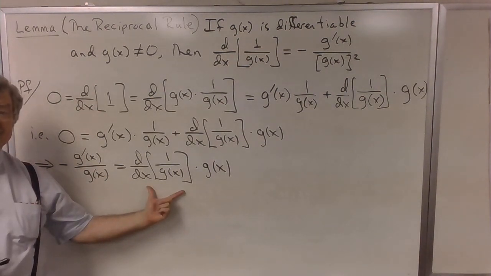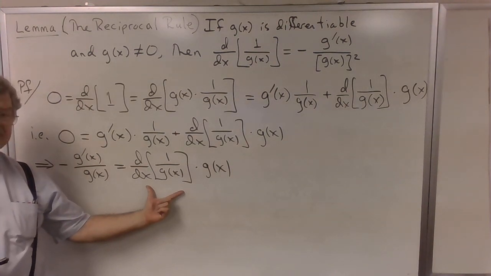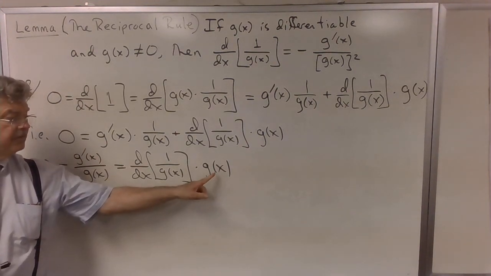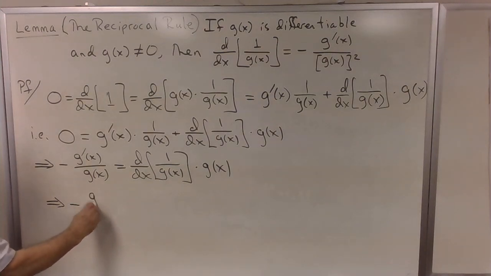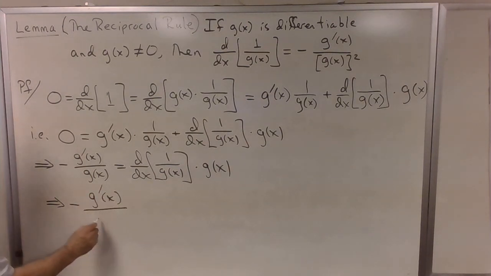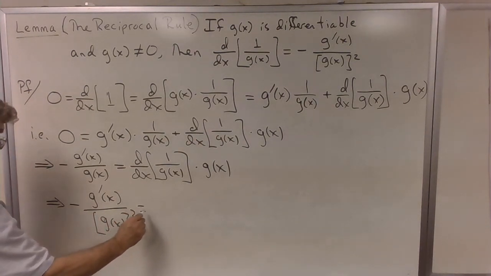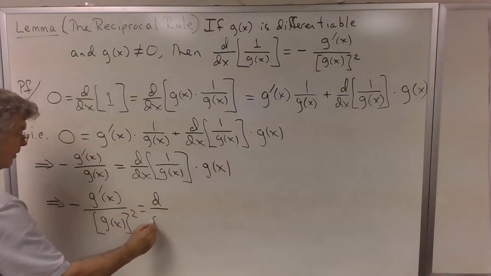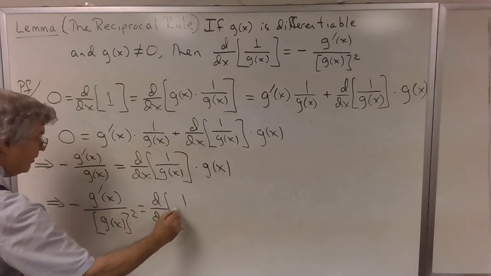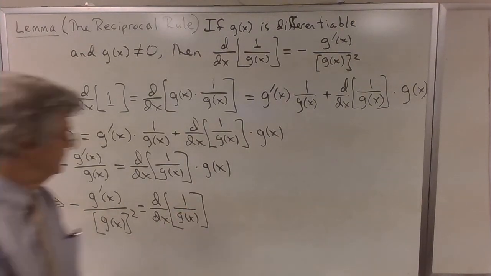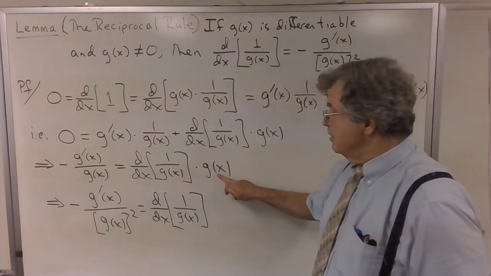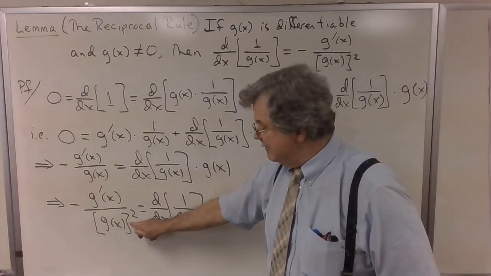This is what we want right here. And all we have to do to get it is divide both sides by g of x. Oh man, this is great. You know, this was so easy. I'll tell you how easy it was. It was so easy, even I could do it. Yep, we just divided both sides by g of x, so we got g of x squared down here.